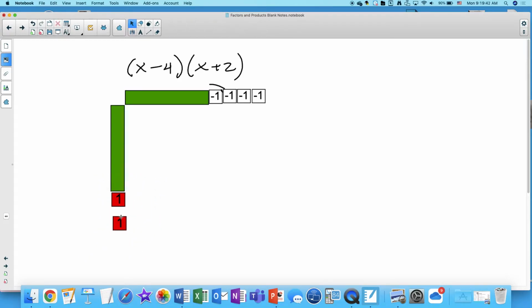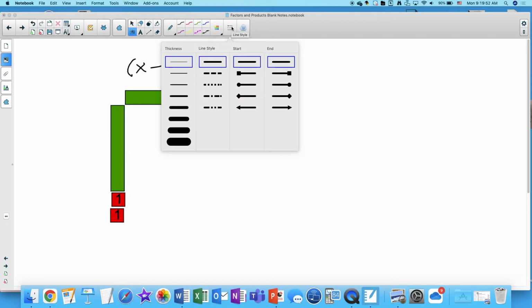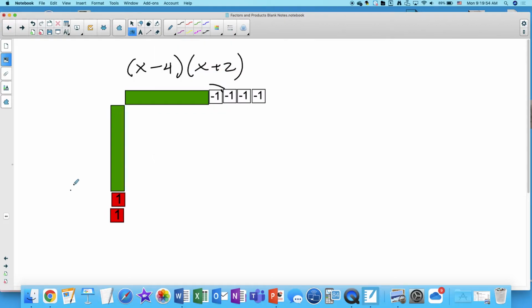And now what I will do is I'll take out my pen and I'm just going to essentially draw in lines to fill in this rectangle. The rectangle, the outside of it is going to be this whole thing.